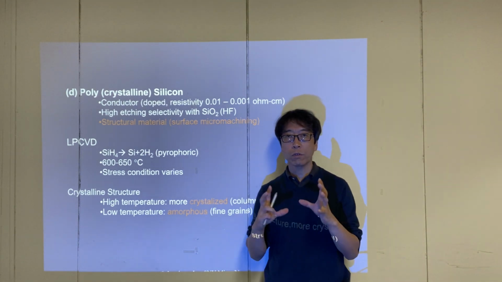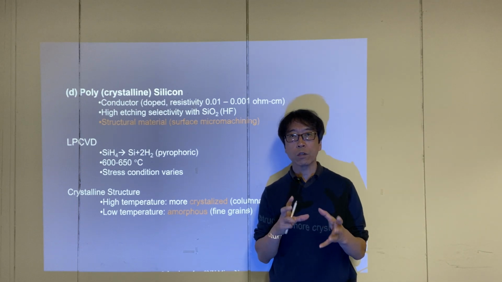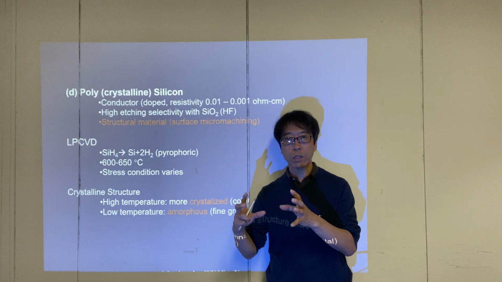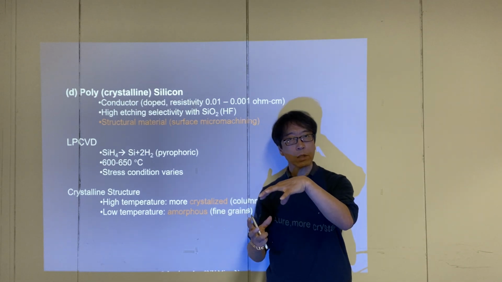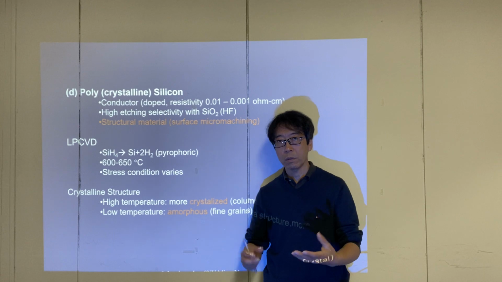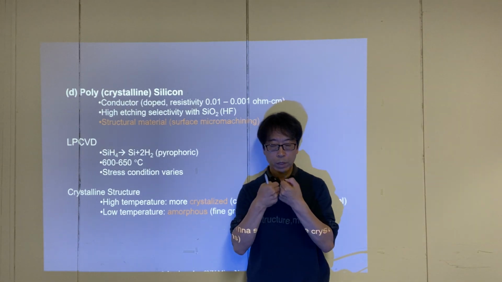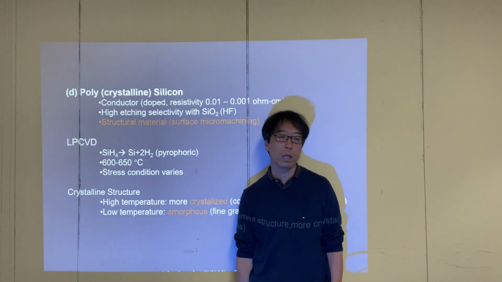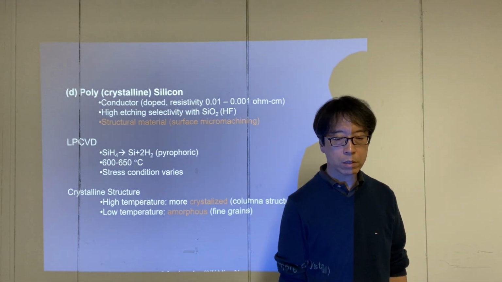Within a certain grain, it will be a single crystal, but if you jump over to the next grain, it will be a single crystal oriented in the other direction. So there will be grain boundaries. That's why we call this polycrystalline silicon. In short, we call it polysilicon, and in shorter terms, just poly. So we say we deposit poly. That really means that we deposit silicon.